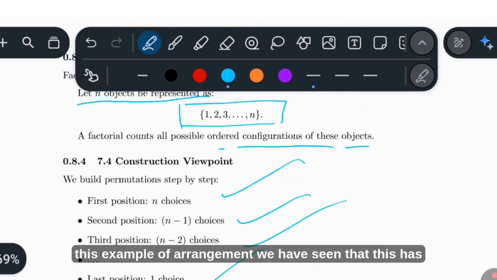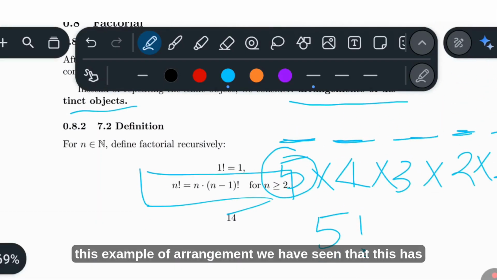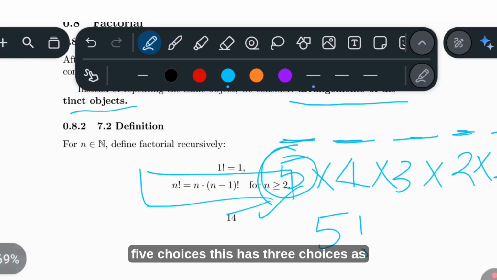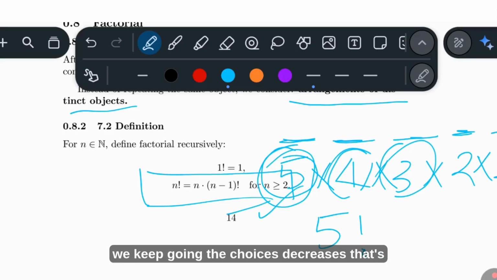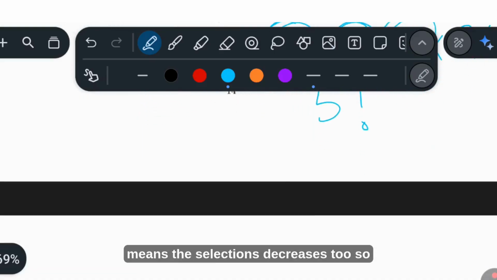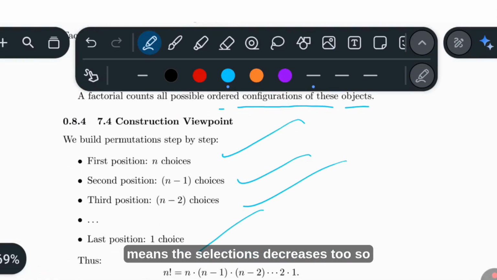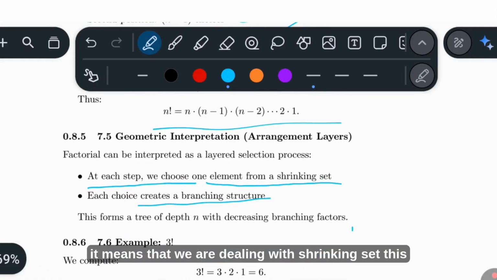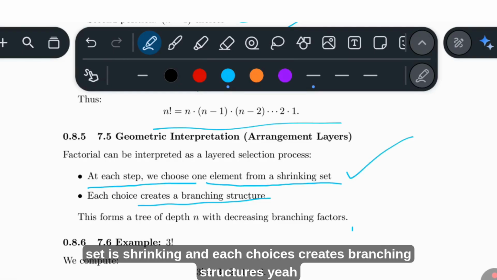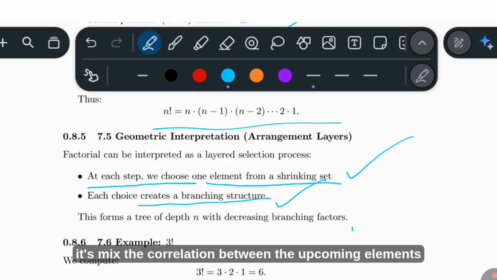As we discussed in the example of arrangement, this has 5 choices, this has 4 choices, this has 3 choices. As we keep going, the choices decrease. That means the selections decrease too, so we are dealing with a shrinking set. The set is shrinking, and each choice creates a branching structure. It mixes the correlation between the upcoming elements or arrangements, so we can say that it is a branching structure.